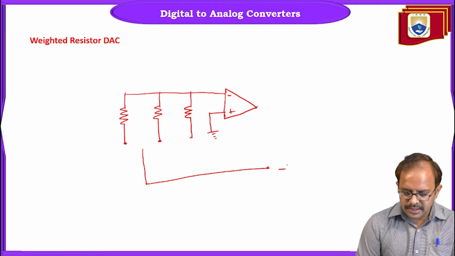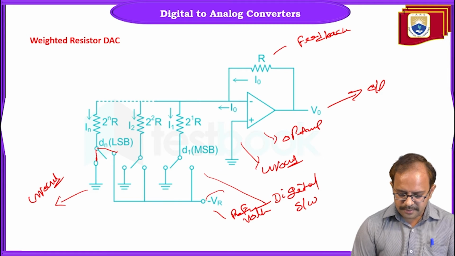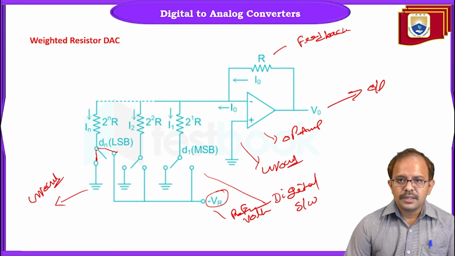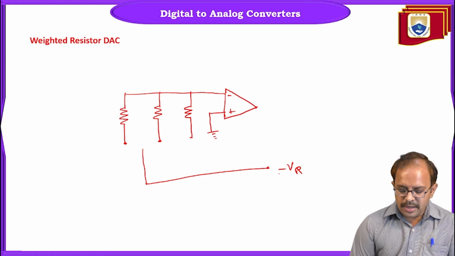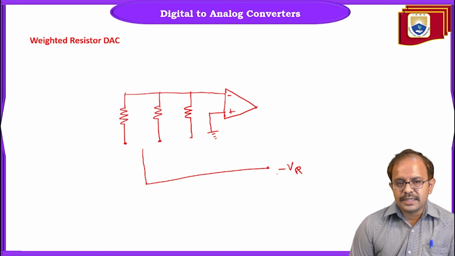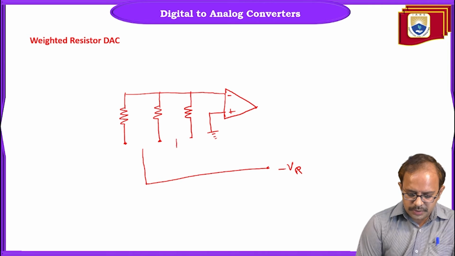Let us say this is my reference voltage. Here I am using minus VR. Since the operating mode of this operational amplifier is the inverting mode, my reference voltage in the design is going to be the minus VR. So these are the positions we are going to define.